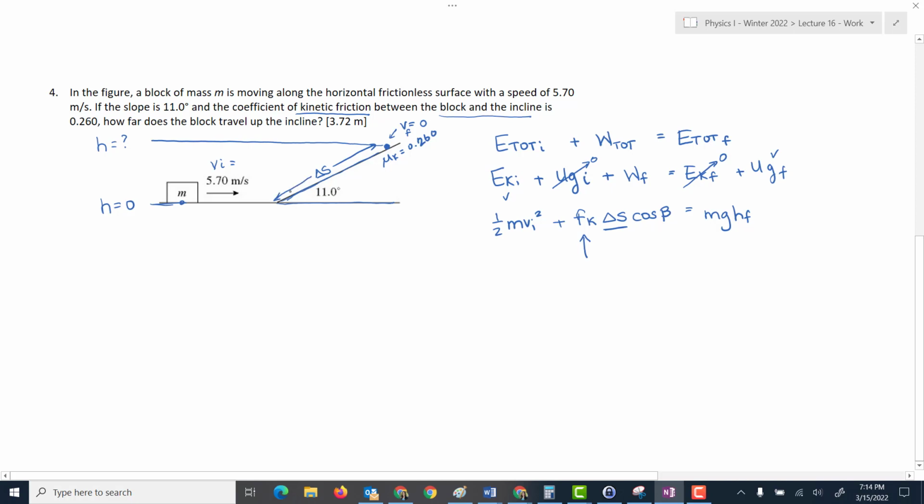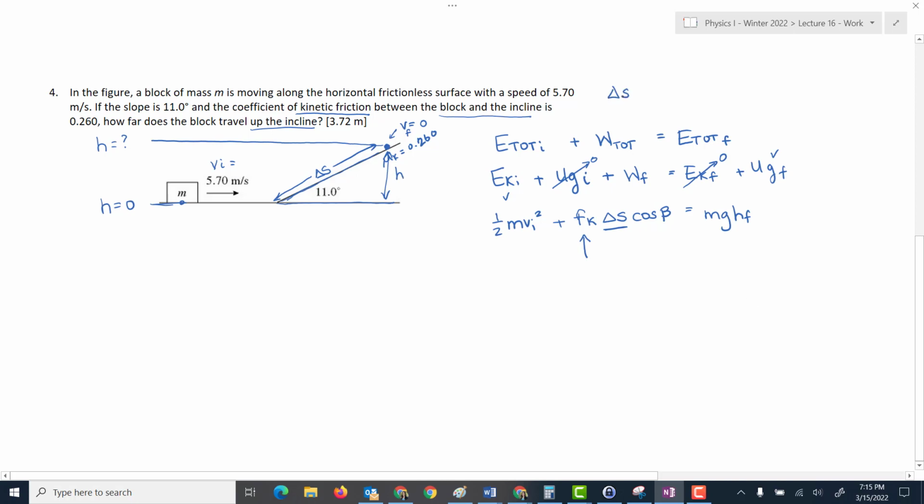Okay, the question is asking how far does it travel up the incline? So you have to be really careful when you're reading the questions, because sometimes it will ask how far does it travel up the incline, like this one, but sometimes it will ask what height does it reach up the incline. So this would be the height up the incline. Okay, so in this case we're looking for the delta S.